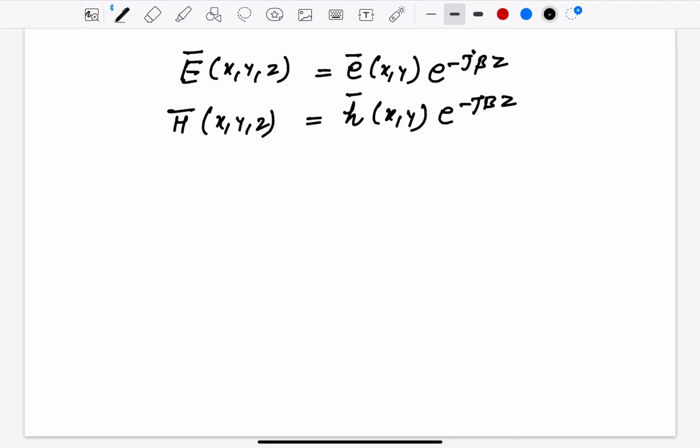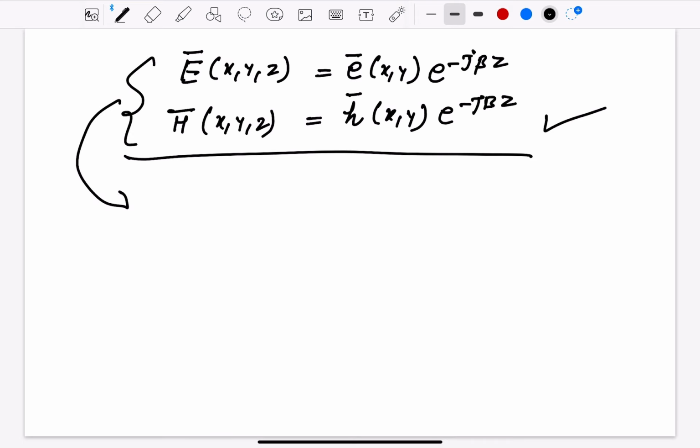Recall from the previous equation that the z component vanishes, because the longitudinal components for the TEM wave are 0. So of course we can write these two equations. Now these equations must satisfy the wave equations.